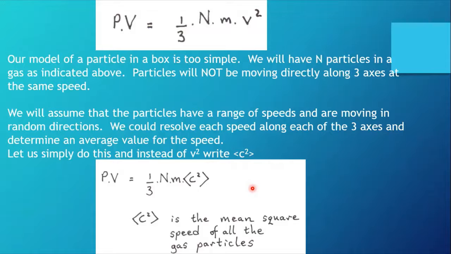So it's the mean square speed of all the gas particles. Now, of course, you're usually given this equation in an exam, so don't worry too much about the derivation, although there are some very relevant points that could be brought up or developed in another type of exam question, particularly points about the change in momentum.